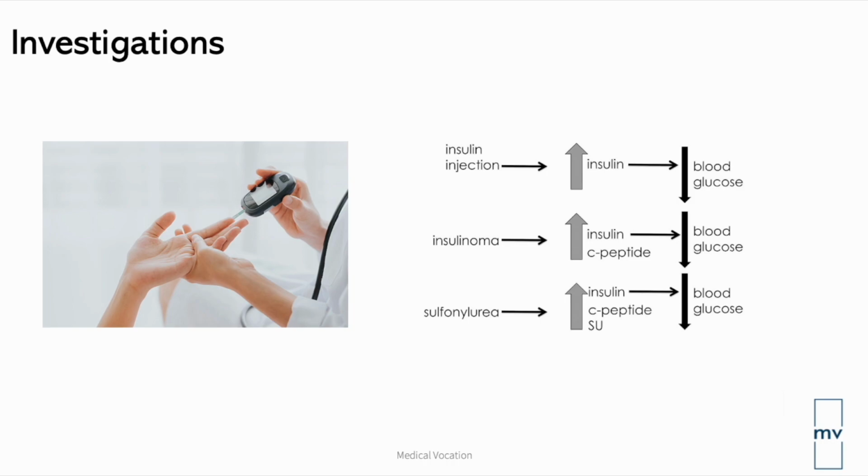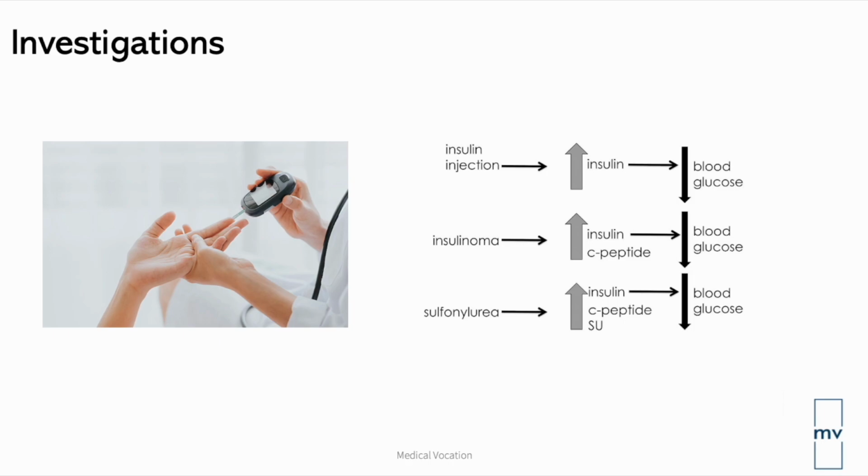If their hypoglycemia is due to insulin, then you'd expect insulin levels to be high. However, if they have a tumour that secretes insulin, like an insulinoma, then their insulin levels and their C-peptide levels will both be high.